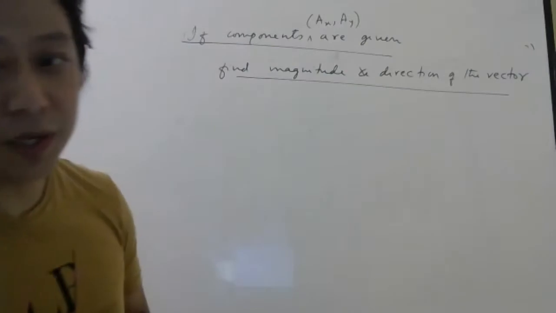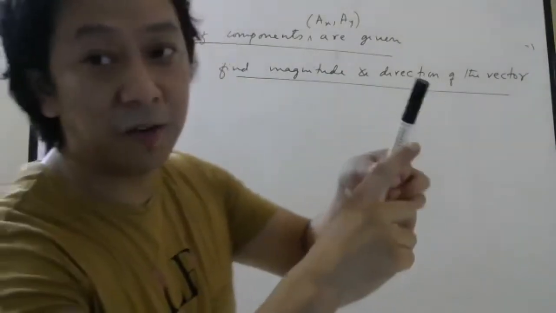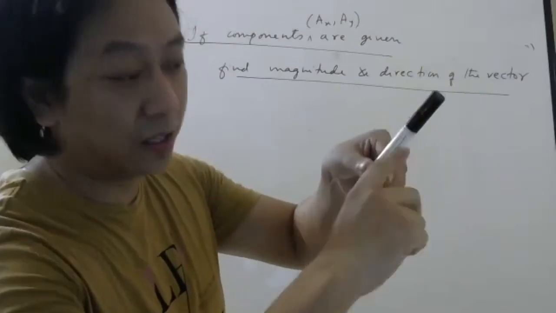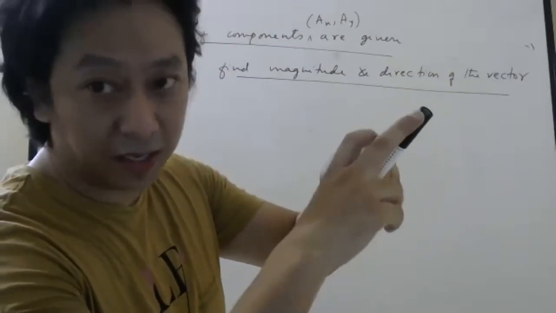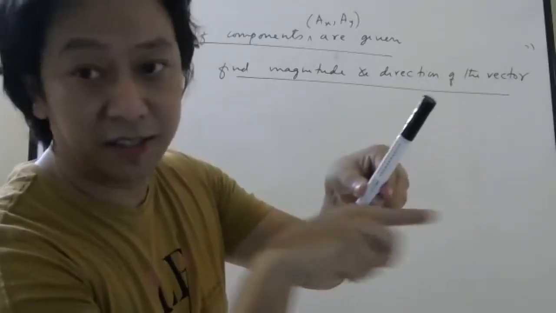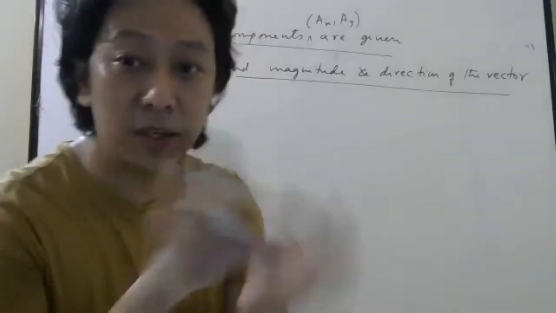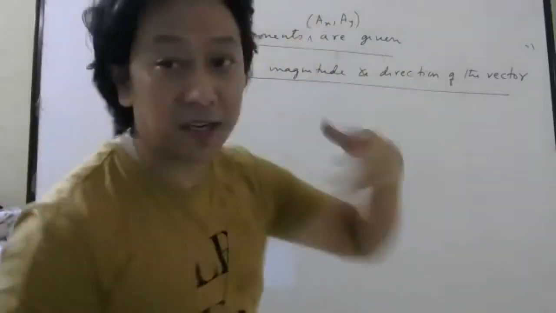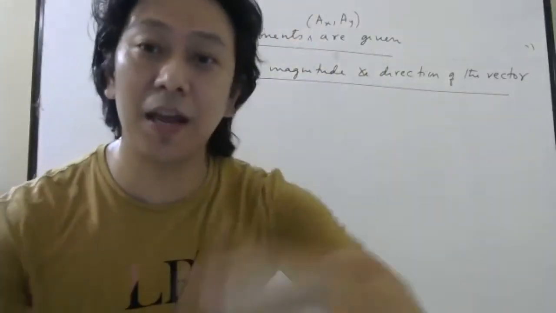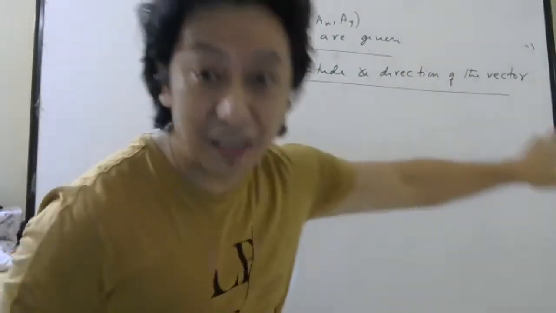Till now what we did, the vector was given, meaning a is given, theta is given, and we had to find components. This is ax, a cos theta, this is ay, a sin theta. Now the opposite, components ax and ay are given to you. You have to find the magnitude and direction of the vector.